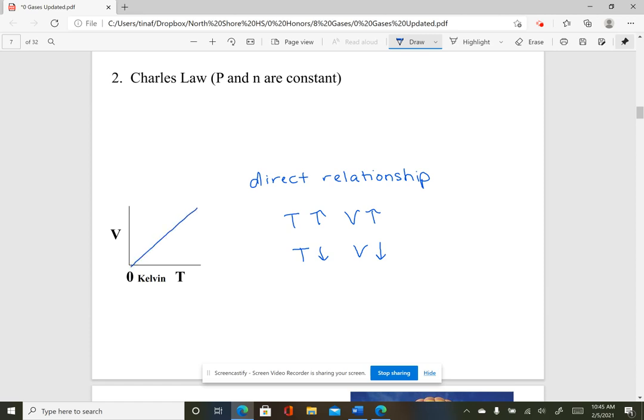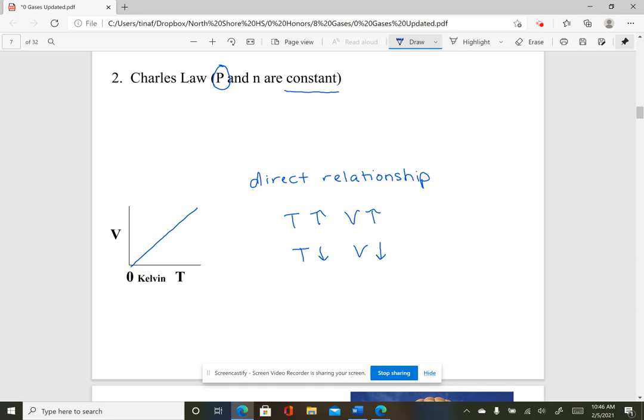Now, the explanation here is not as simple as you would think. To help you remember this, think about when you make something warmer, what do the particles do? They spread out. So that can help you remember volume gets bigger as temperature gets bigger. But what's important here is that pressure is staying constant.